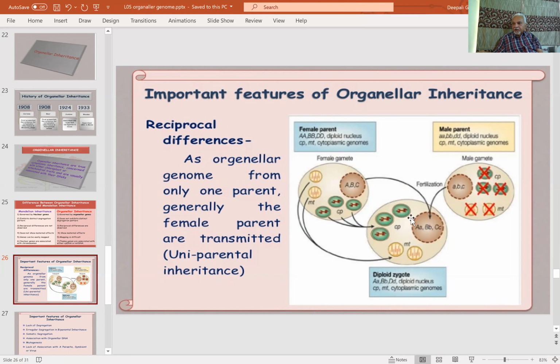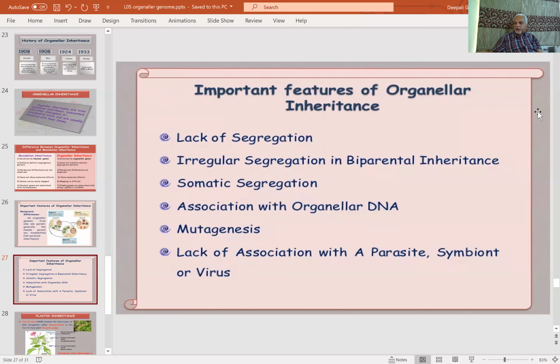And if you change the partners, take the male here and female here, then whatever is there in the organelles of this partner will come here, not the other one. So the cytoplasmic inheritance or organelle inheritance depends upon the female partner, not on the male partner.